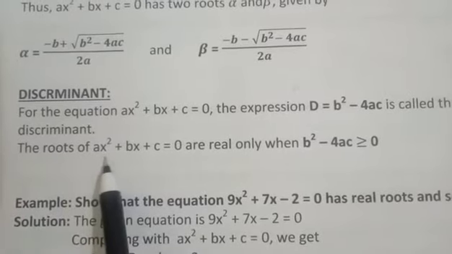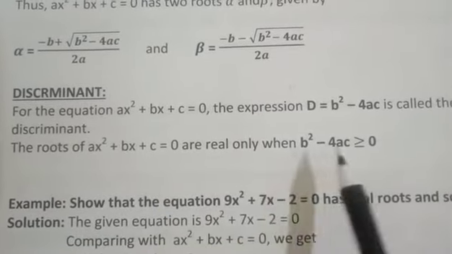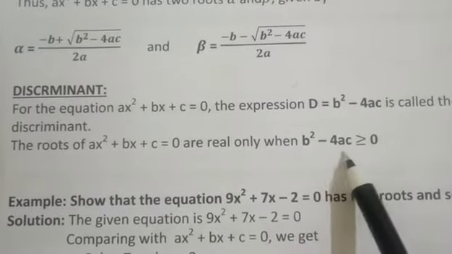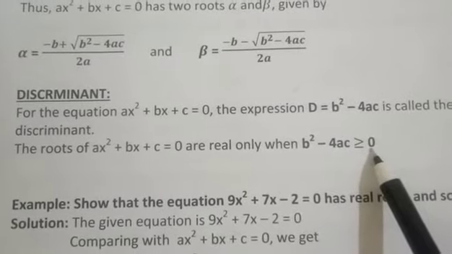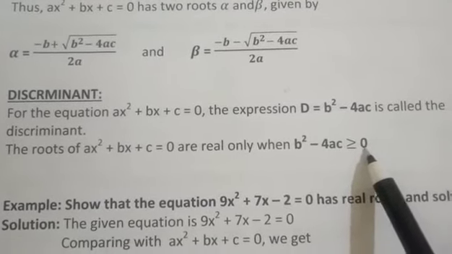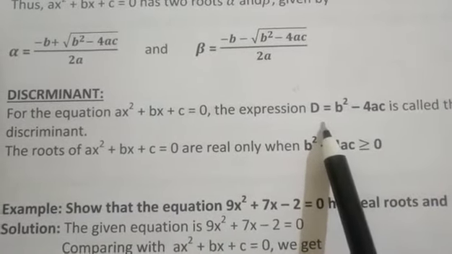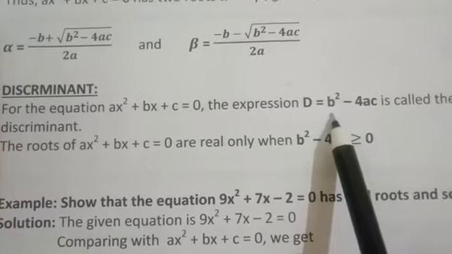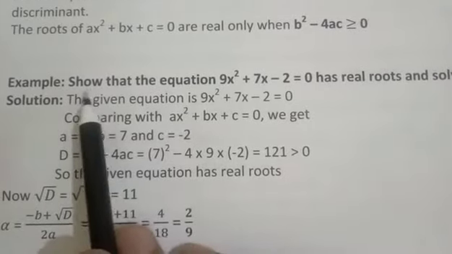The roots of ax square plus bx plus c are real only when b square minus 4ac is greater than or equal to 0. In the next video I will explain some more topics related to the nature of roots. Just remember that if you want to find the discriminant, we have to use the formula b square minus 4ac. Now let me explain this with a suitable example.